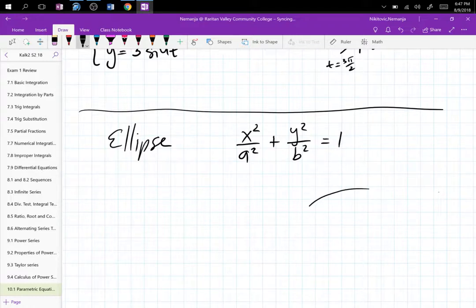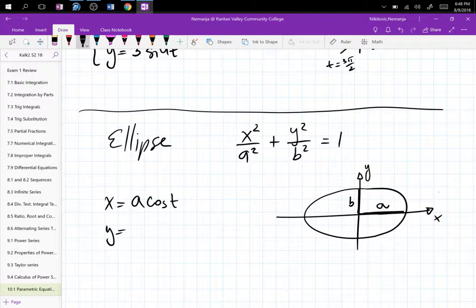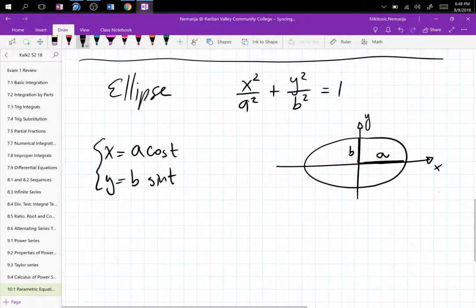And when you draw an ellipse, you have a major radius a and then a minor radius b, the way I have the equation written over there. The parametric set for this is x equals a cosine t, y equals b sine t. And there's your ellipse.